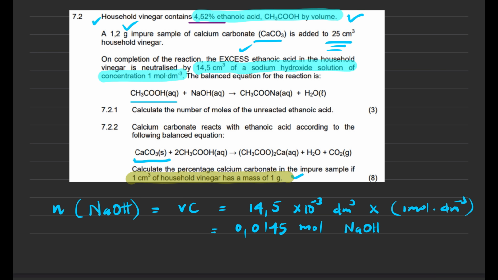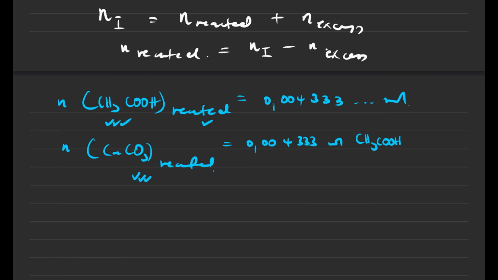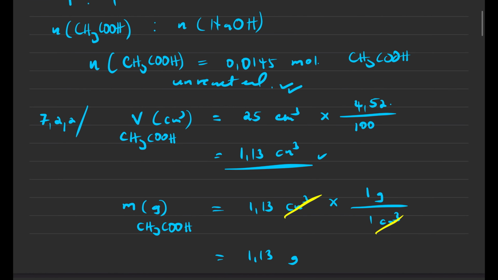Okay, now with this amount you need to find out how much calcium carbonate it reacted with. So you need to find the number of moles of calcium carbonate which actually reacted. Remember, you've got an impure sample, so now you're trying to find the pure amount in moles. This reacted with calcium carbonate. To find that, you're going to use the molar ratio: 0.004333 moles of CH3COOH times, you look into your equation.